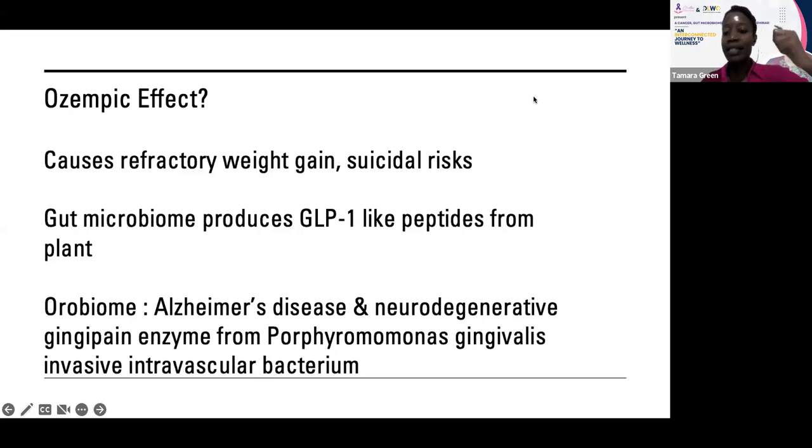And so that links to the GLP-1 like peptides that are found in persons who predominantly eat high fiber diets. Our gut microbiome is a gift to us that can epigenetically and immediately cause an effect in reversing a lot of non-communicable diseases.